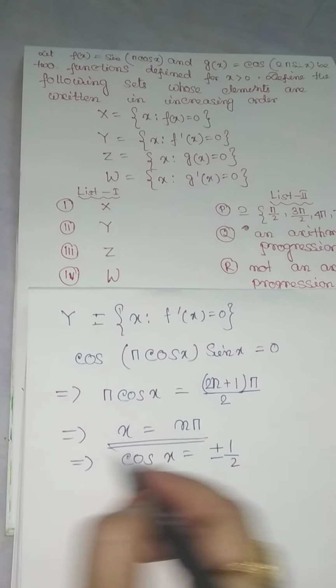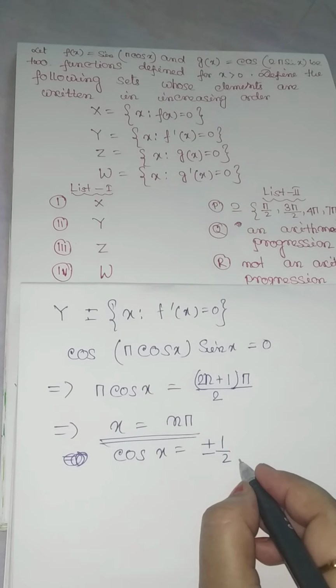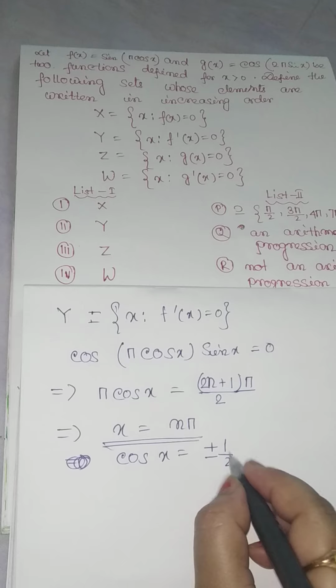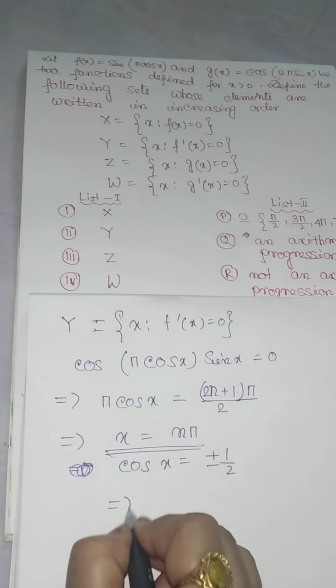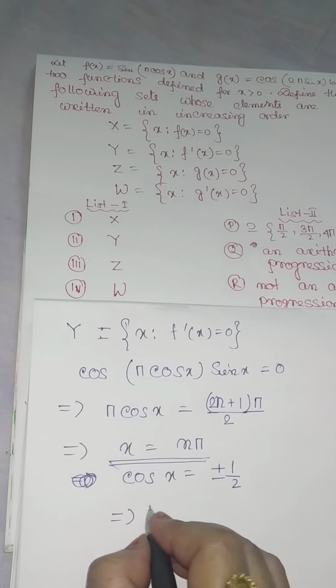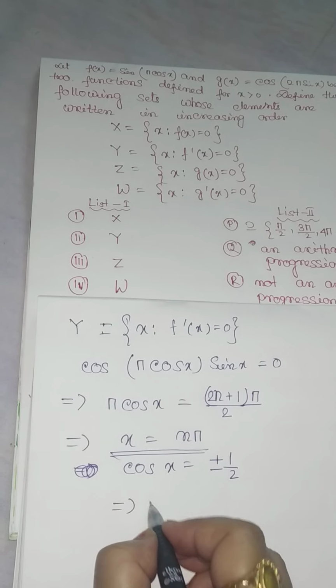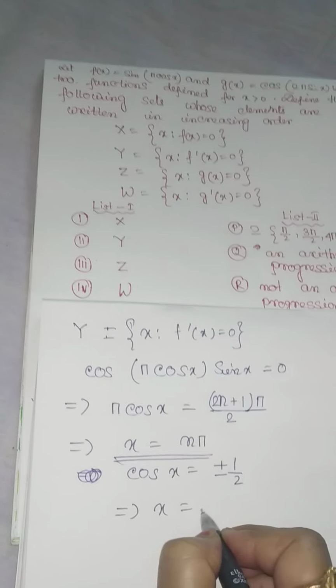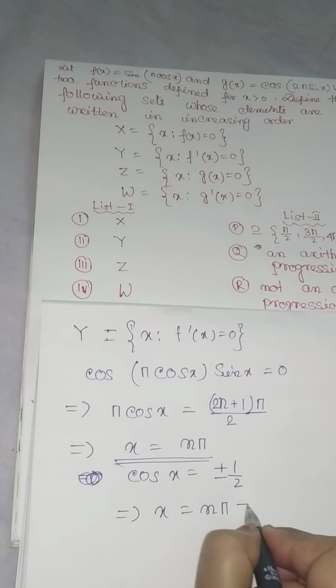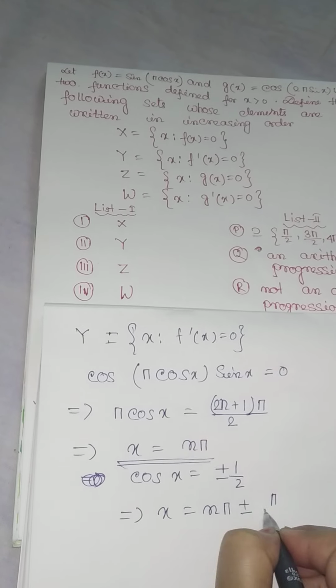As cos x = ±1/2, and cos(π/3) = 1/2, therefore x = nπ ± π/3.